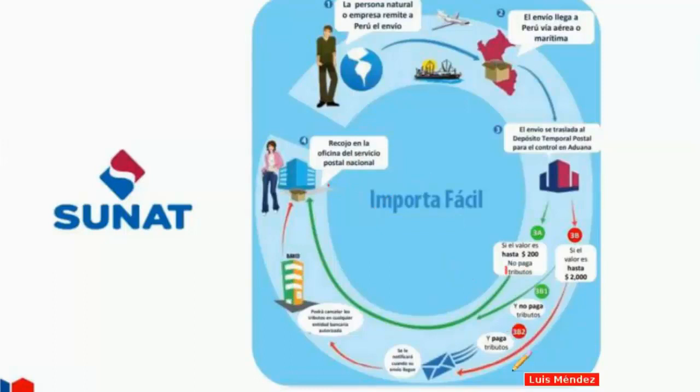And the other one is that we have to pay duties. In this case, we're going to receive a notification saying, "Hey, you have imported goods, and you have to pay duties. This is the amount that you have to pay. So please go to the bank of your preference and pay your duties."